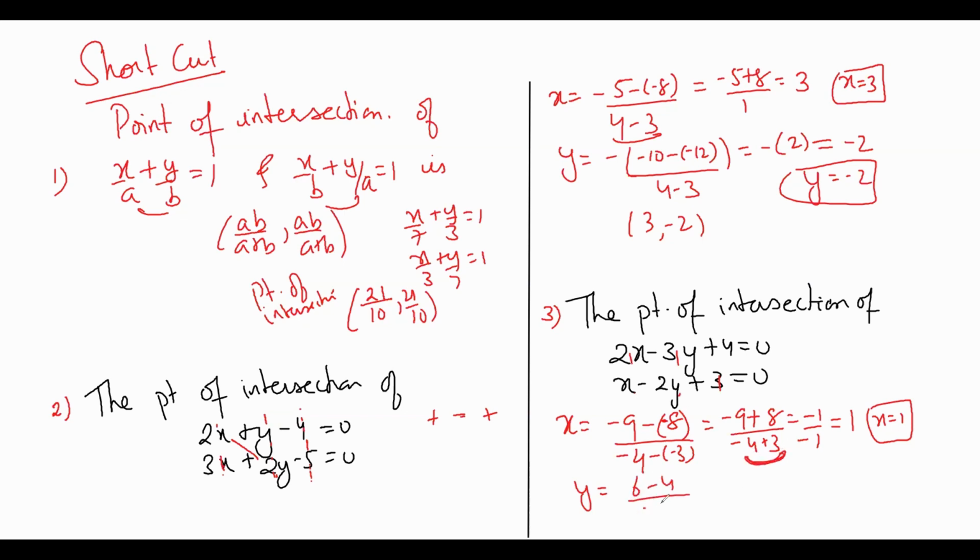So to repeat, just write minus 1 here, and your answer is minus of 2. You have to put the minus sign before this, so your answer is plus 2. The point of intersection here is 1 comma 2. You have to remember that you have to put a minus sign in order to find the y coordinate. So this is how we find the point of intersection.